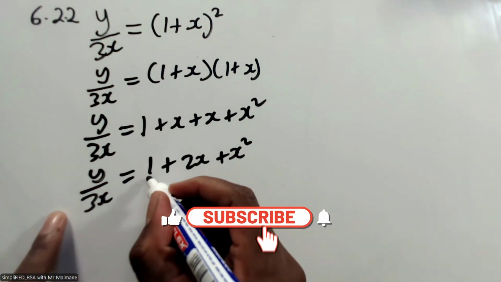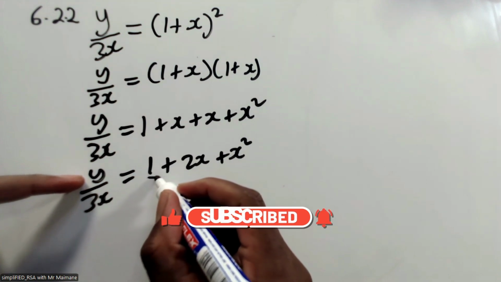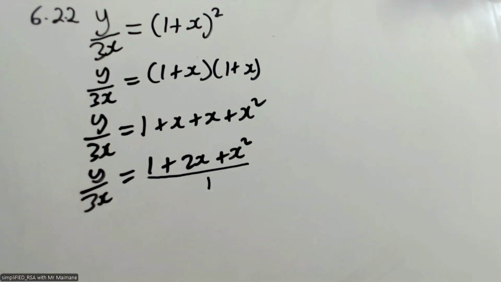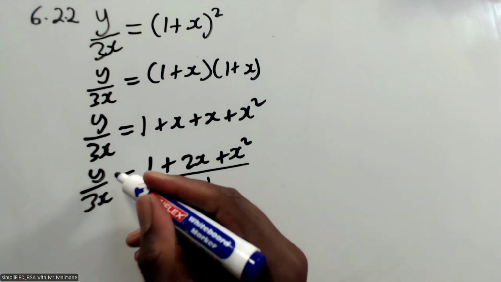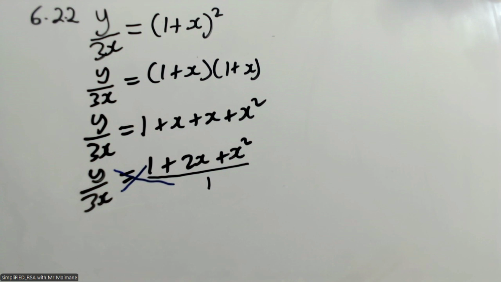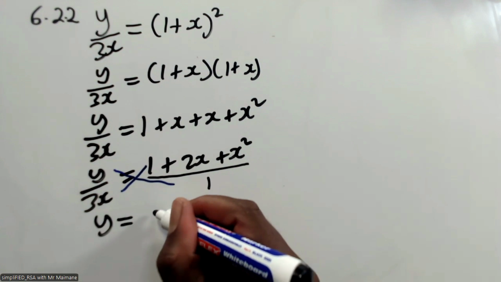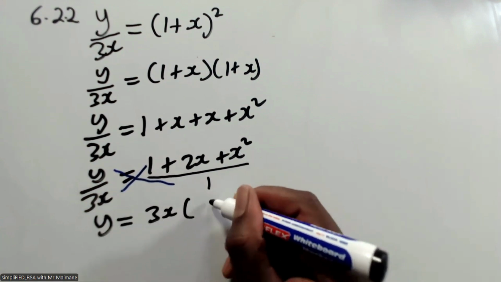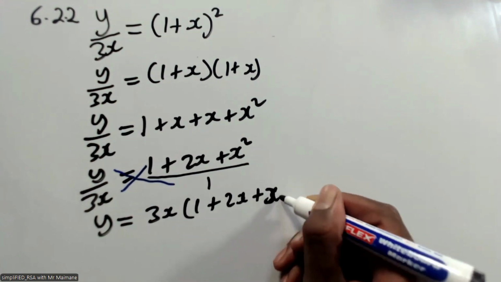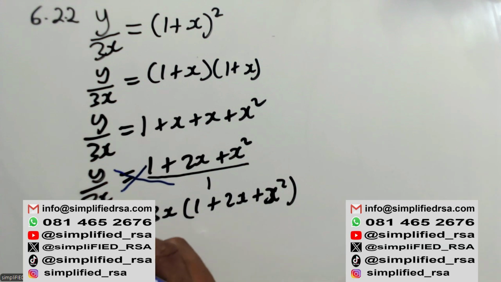Now, to put this in the subject of the formula being y, everything is over 1, meaning I can cross multiply such that I multiply y with 1 and then multiply the rest of the equation with 3x. Therefore, y is equal to 3x times 1 plus 2x plus x squared, like that. And again, I will FOIL this to simplify.